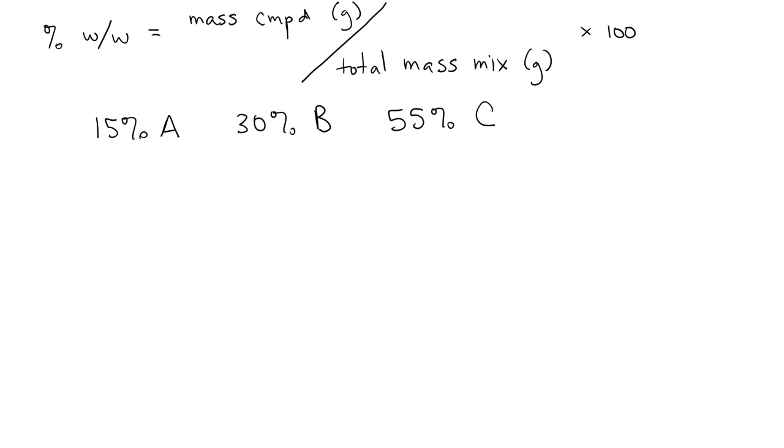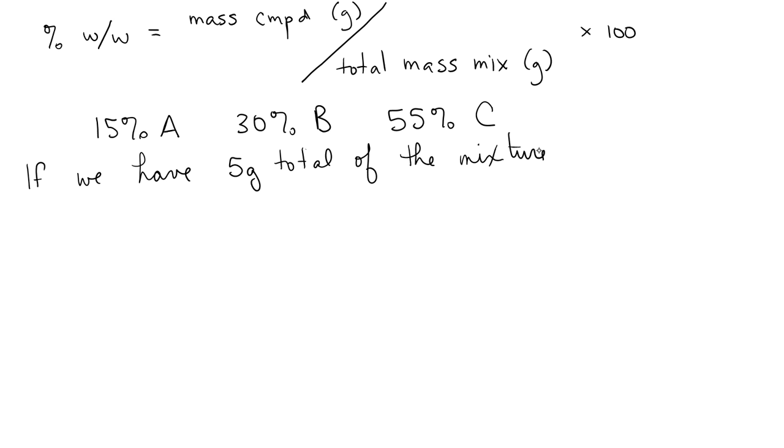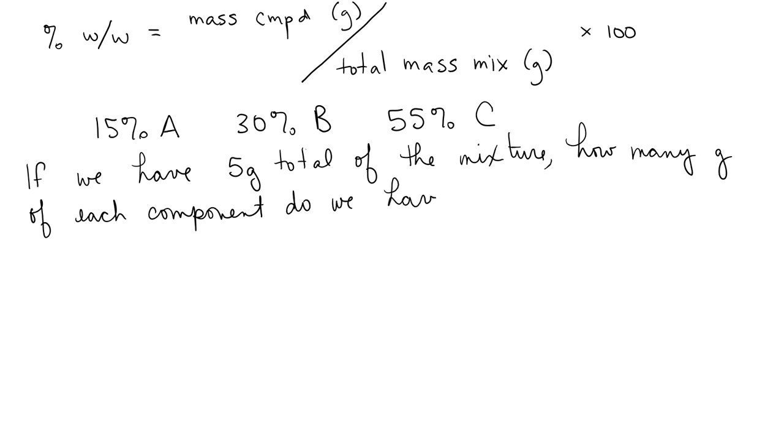It's a 3-component mixture, and if we have 5 grams total of the mixture, how many grams of each component do we have? Of that total 5 grams, how many grams of A, how many grams of B, how many grams of C?